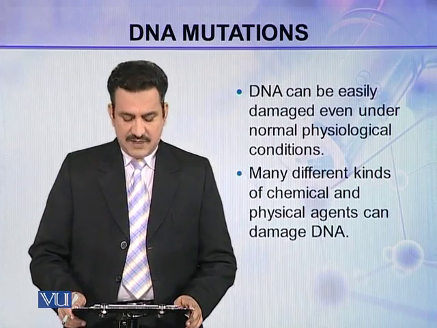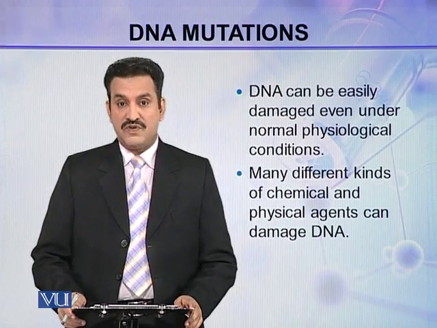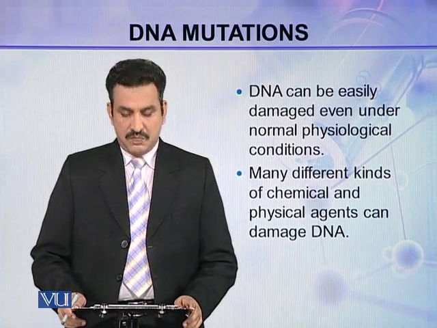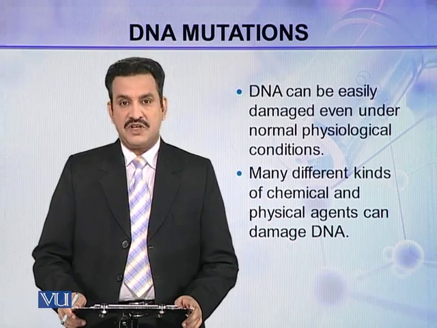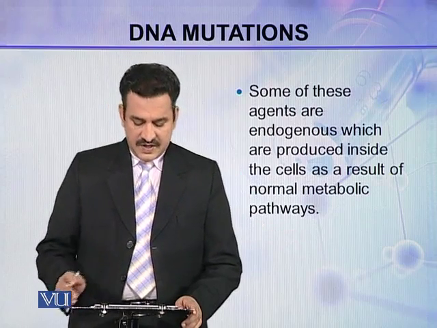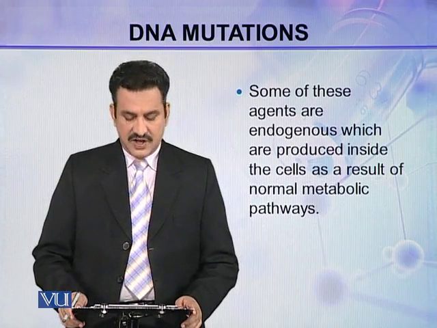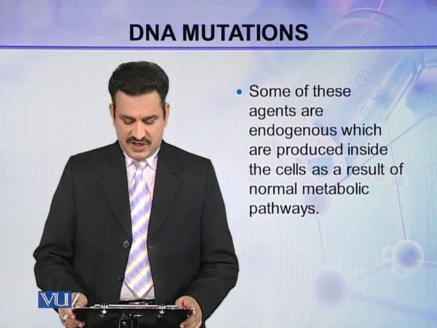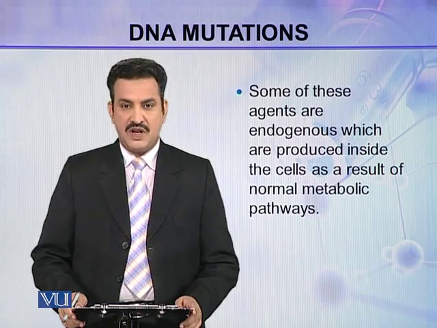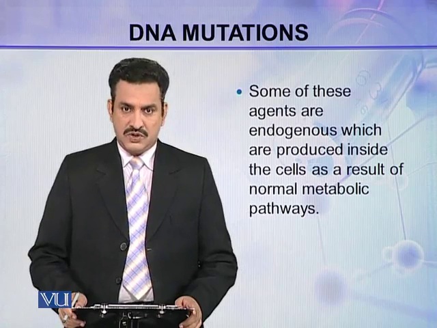DNA can be easily damaged even under normal physiological conditions. Many different kinds of chemical and physical agents can damage DNA. Some of these agents are endogenous, which are produced inside the cells as a result of normal metabolic pathways.